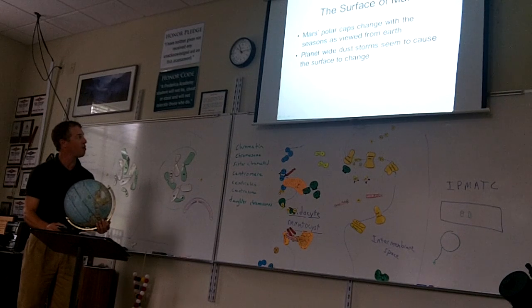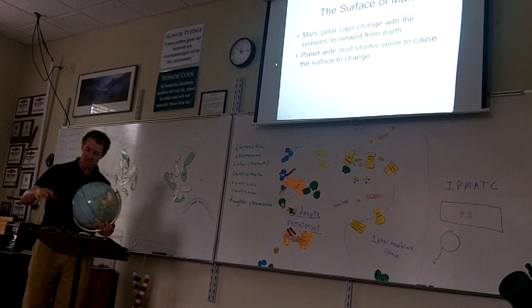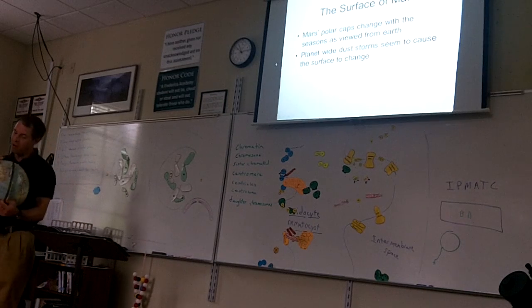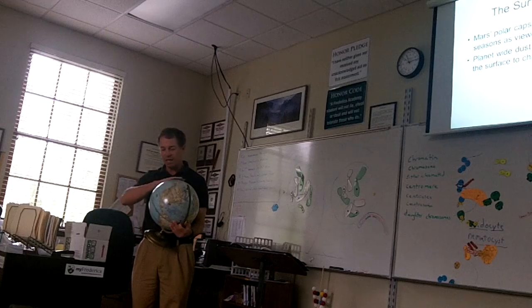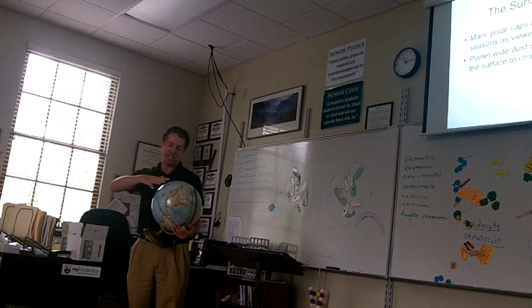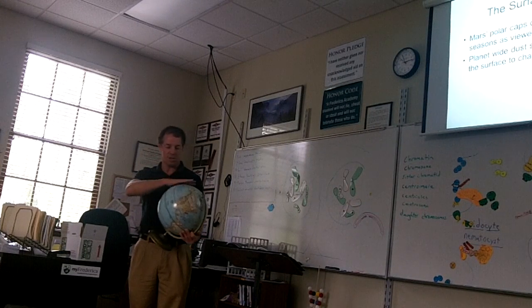There are dust storms, planet-wide dust storms, which seem to cause the surface to change because the dust will blow around and then settle, fill in some little craters and areas, and then blow again. And when the dust is in the air, you can't see the surface.